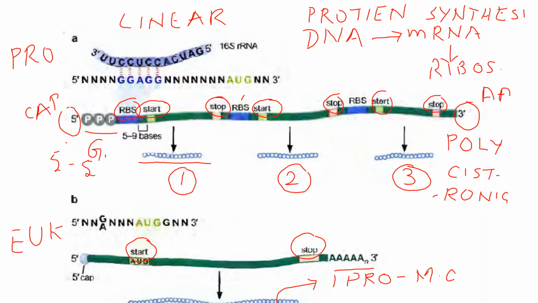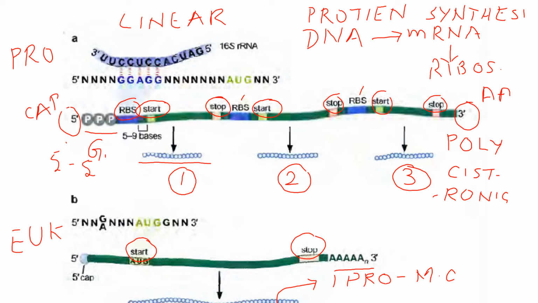This is the site which is shown in the purple color. You see here it is marked, here it is marked. It is a site which binds with the ribosomes. It helps the mRNA to bind to the ribosome, right? And in case of prokaryotes, this ribosomal site binds to the ribosomes for attachment.